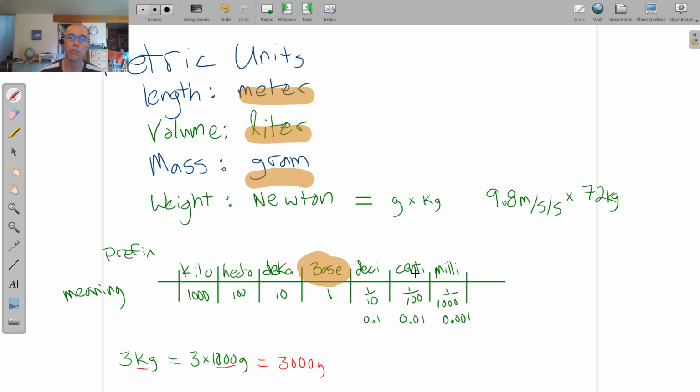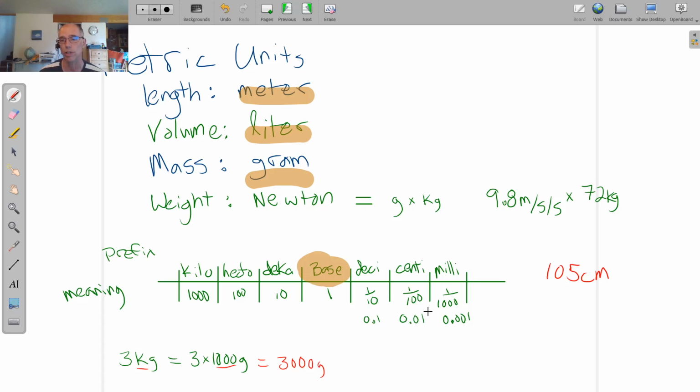Centi, for example, means 1/100th. So if I measured something and found it to be 105 centimeters, and I wanted to get rid of the centi, I would just make a note that centi means 1/100th or 0.01.